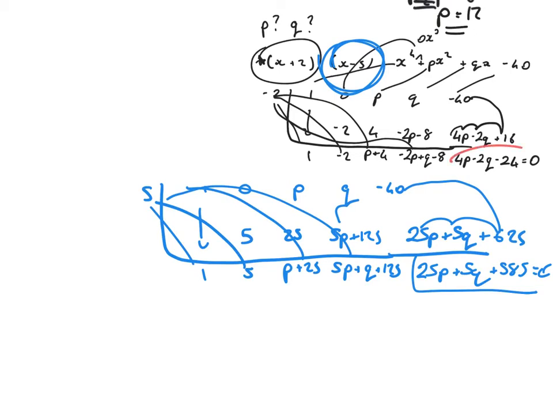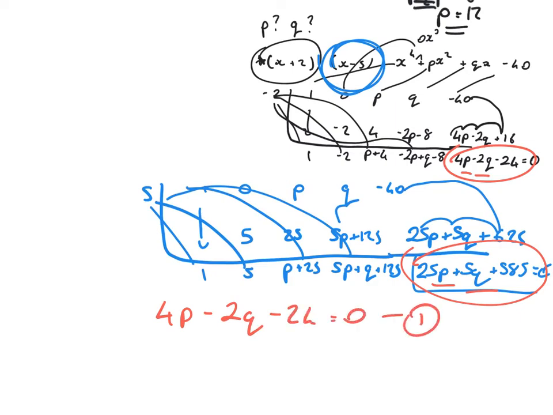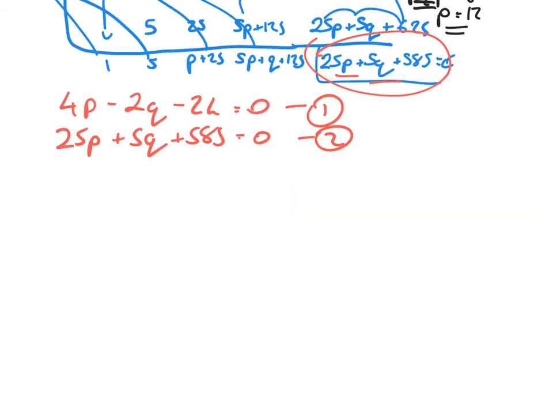Now I've got one equation with two unknowns and a second equation with two unknowns, so I can use simultaneous equations. So that then is going to be 4p minus 2q minus 24 is equal to 0. That's equation 1. And 25p plus 5q plus 585 is equal to 0, and that is equation 2.